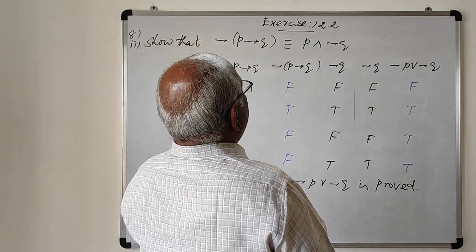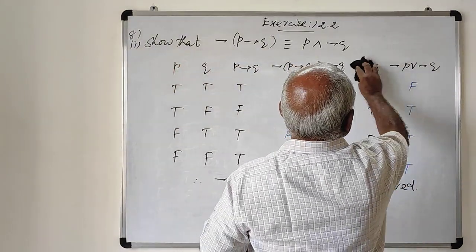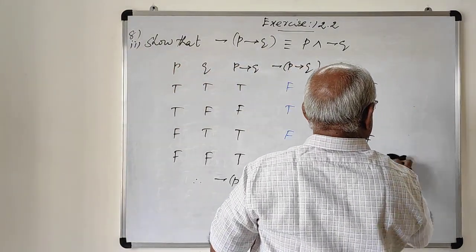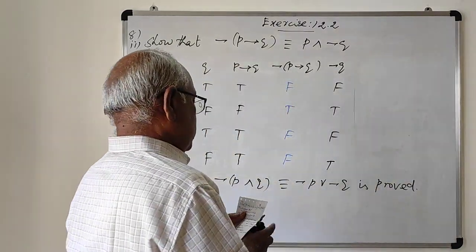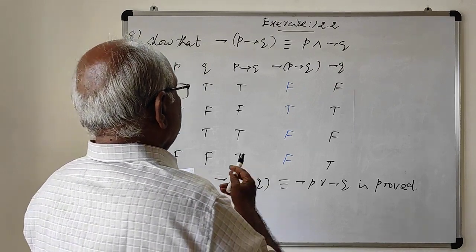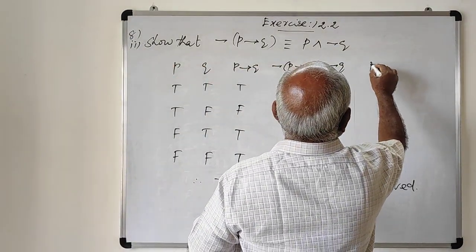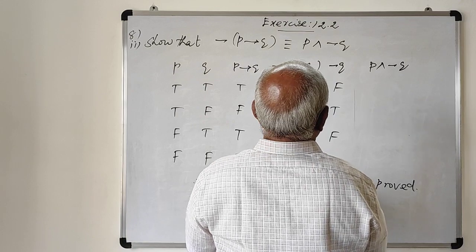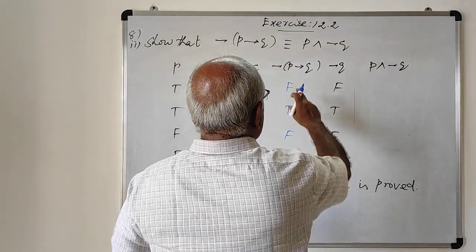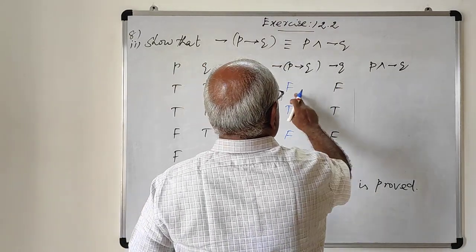Next, P conjunction negation Q. For these two, we want conjunction.